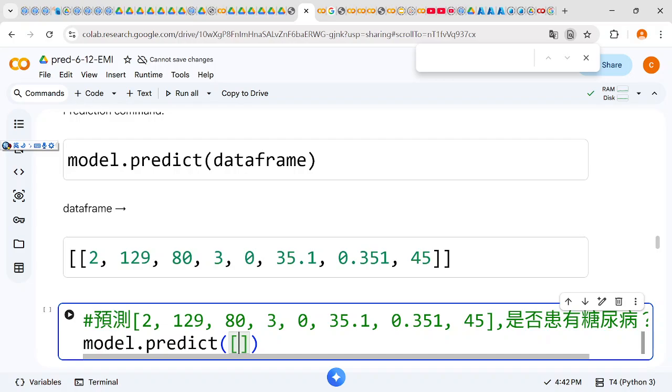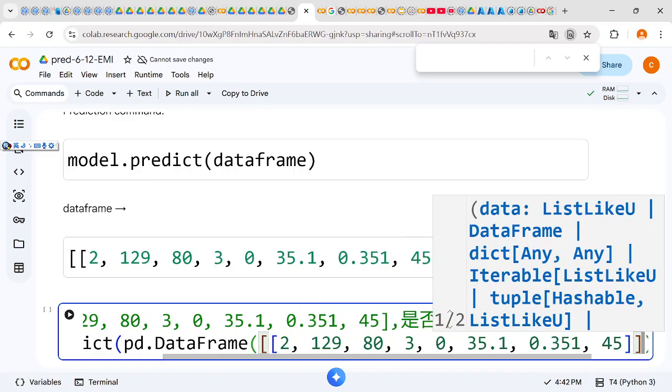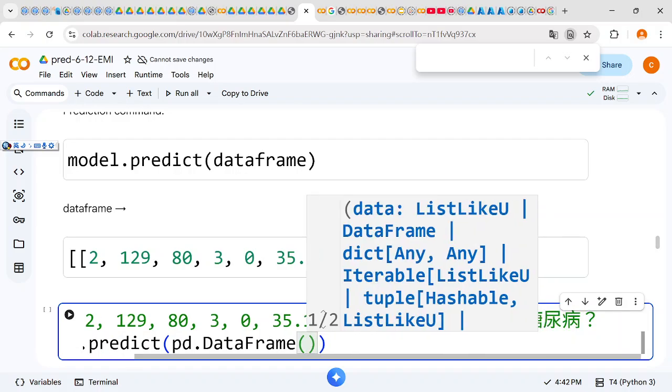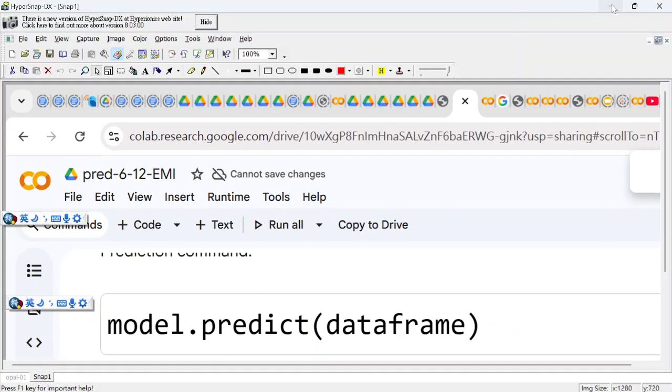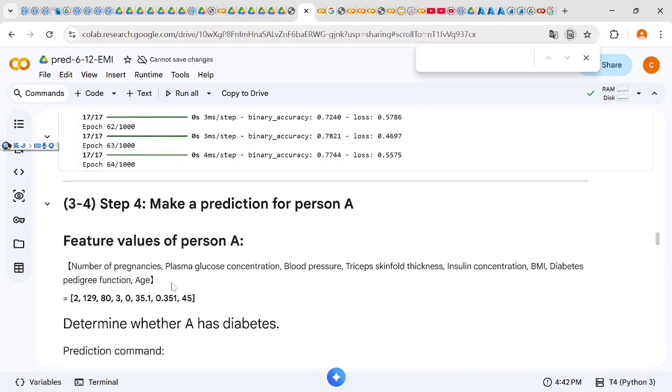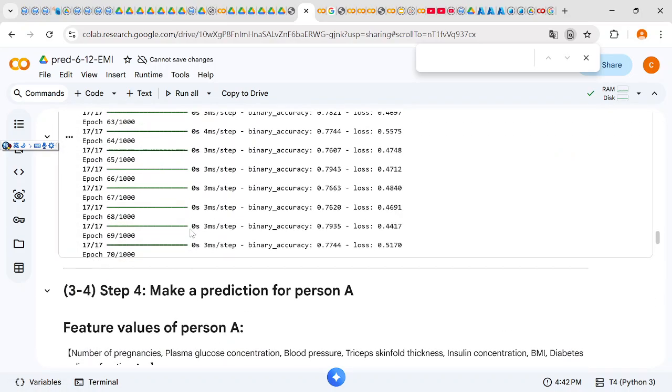I should use a data frame, and I transfer this into this. Okay, let this one do the prediction.